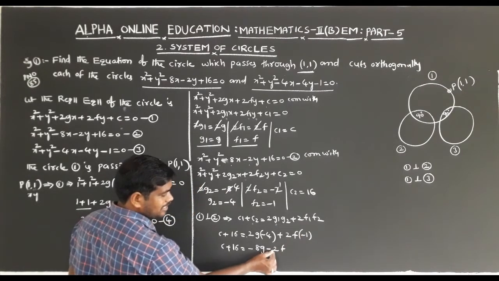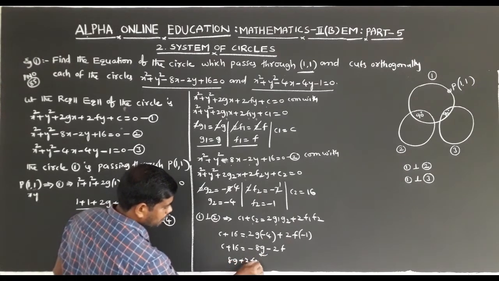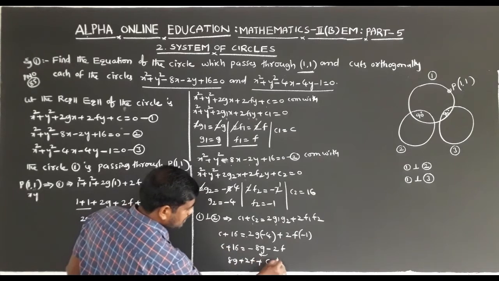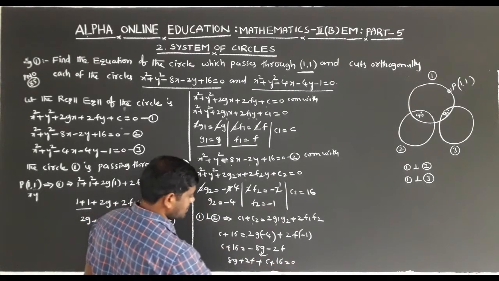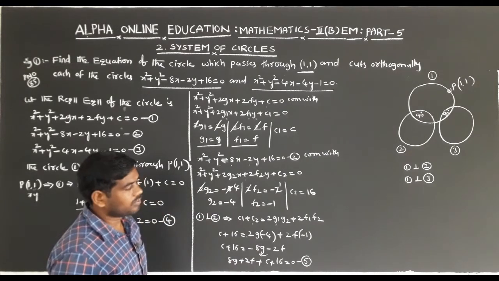Taking minus 8g minus 2f to the left side: 8g plus 2f plus c plus 16 is equal to 0. This is condition number 5.